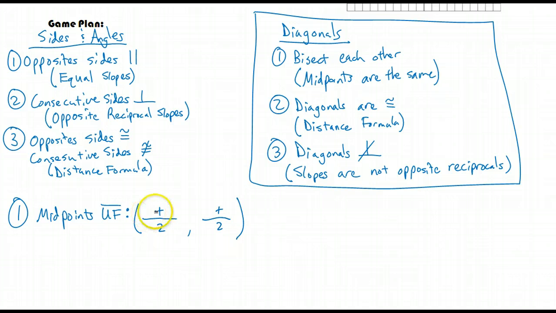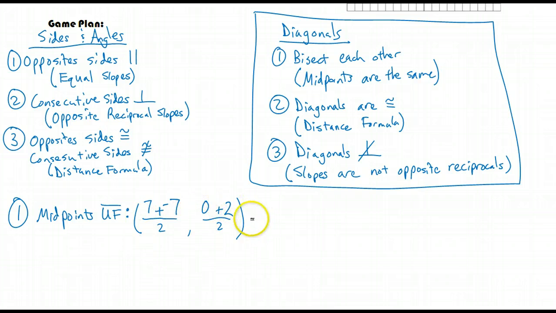So I'm going to take x2 plus x1 divided by 2 and y2 plus y1 and divide it by 2. I'm going to look at my ordered pairs for U and F and find out my x2 and my x1 and my y2 and my y1.